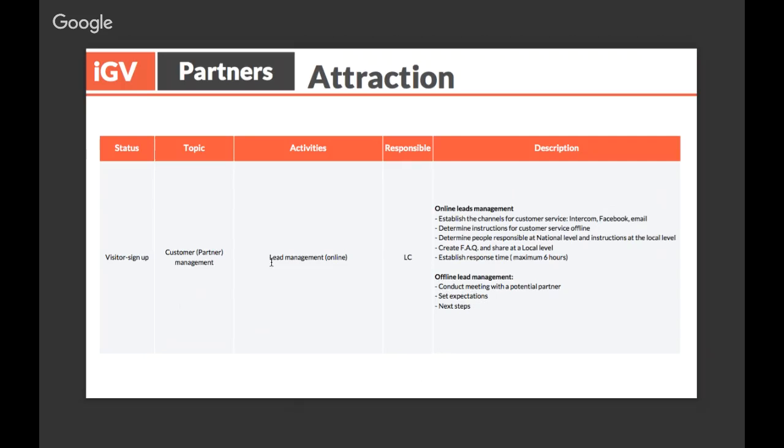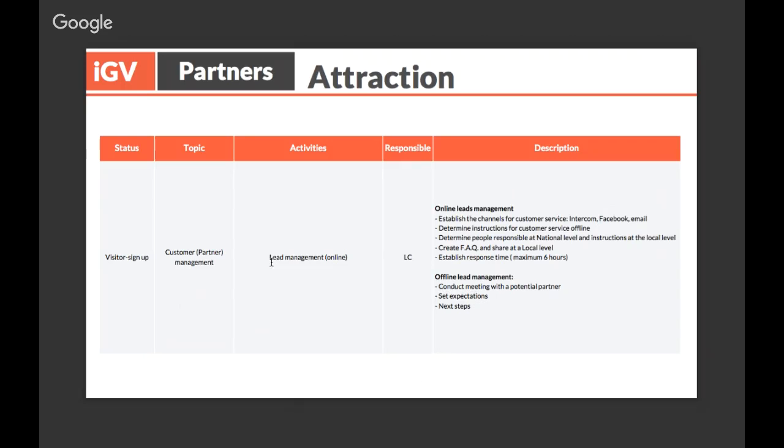You have to determine instructions for customer servicing offline as well, determine people responsible at national level and give instructions to the local level, create frequently asked questions and share them with LCs, and establish response time, which is again the same as in iGE, 6 hours, because we have to be super fast and agile in order to maintain our potential leads.